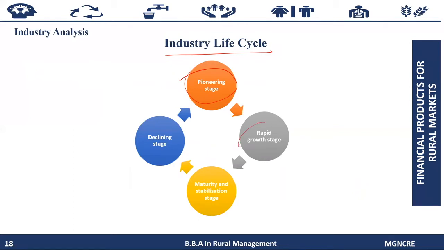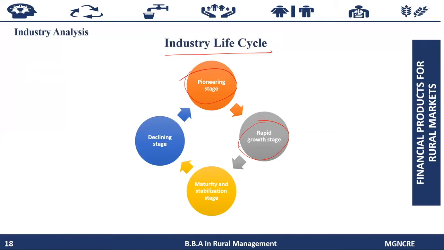Then the rapid growth stage. In this stage, there is the appearance of surviving firms from the pioneer stage, companies which faced competition and grew very strongly in market share and financial performance.